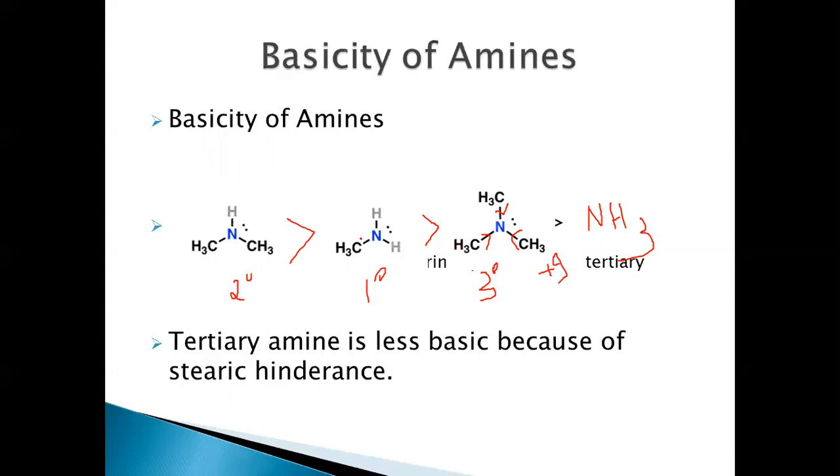But it is less when compared to that of the secondary. This is because of the steric hindrance here. For the group to come and attack here, there is a lot of hindrance because of these 3 methyl groups here. So because of this, the tertiary is less basic than the secondary, and then comes ammonia in the order. So secondary is more basic than primary, then comes tertiary, then comes ammonia.